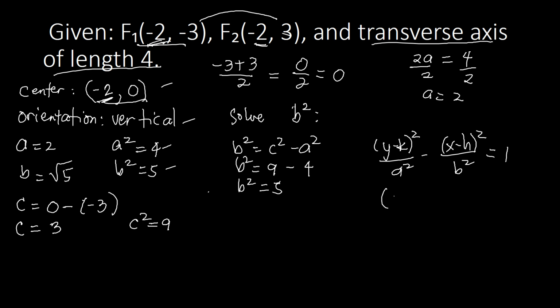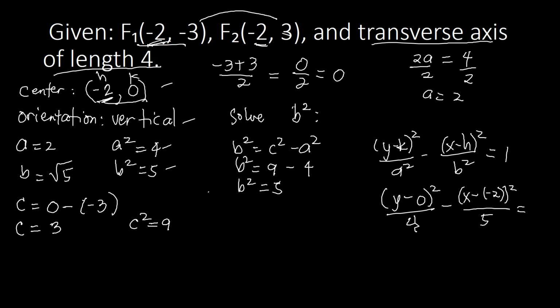Then plug in: our center here is negative 2, we have h on that one, and k as 0. So y minus 0 squared over a squared, which is 4, minus x minus our h, which is negative 2, squared over b squared, which is 5.